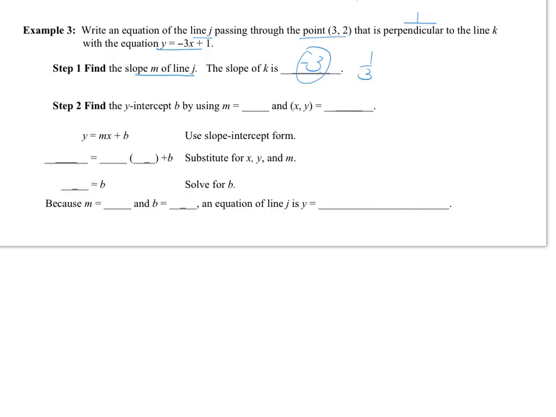Step 2, find the y-intercept b by using m equals 1/3 and the point (3, 2). In y equals mx plus b, we substitute 2 for y, 1/3 for the slope, and 3 for x, and solve for b. Then b is just 1. Because the perpendicular slope is 1/3 and the y-intercept is 1, the equation of the line is y equals 1/3 x plus 1.